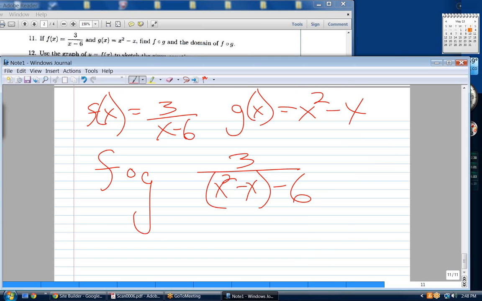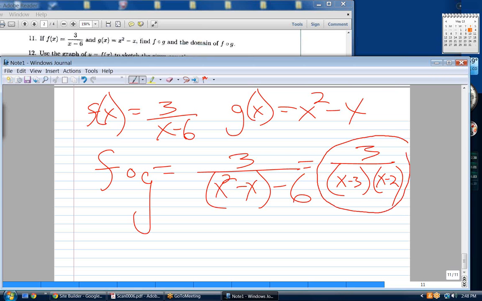Okay. So I think I can. fog is that. Let's keep working on that. That's got to be x minus 3 times x minus 2. So this is fog.